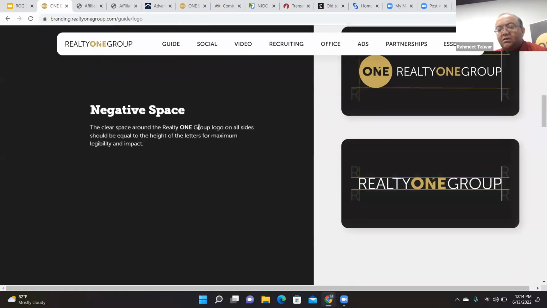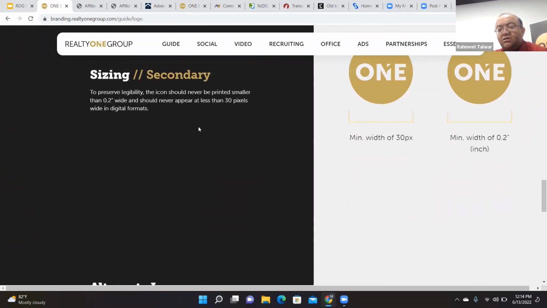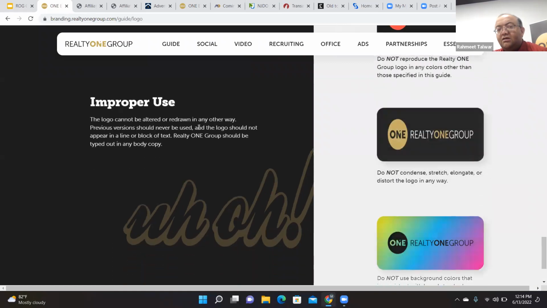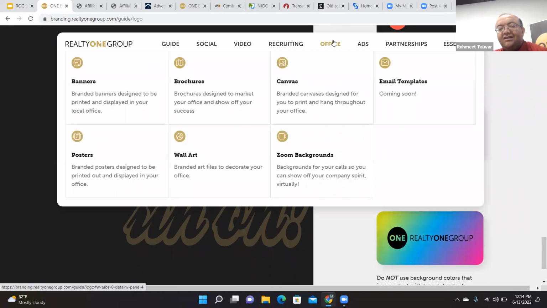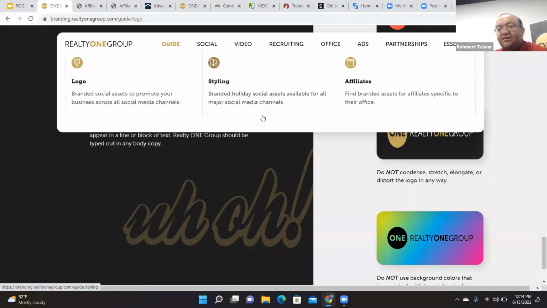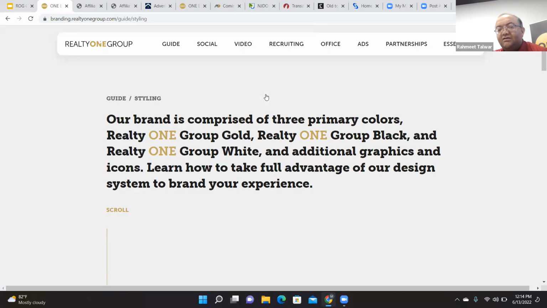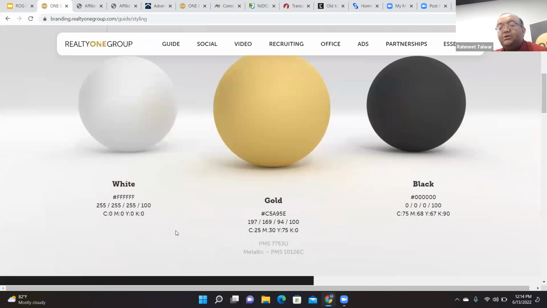Almost each and every one of you joined this company because of the branding, and now that you're here, you're not using it. So let's make sure you use it. We have really beautiful branding. The color codes are here, really unique color codes.